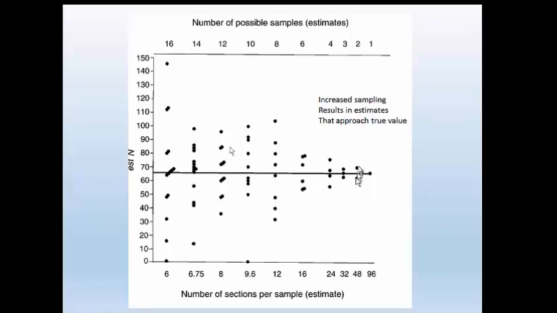However, as we increase the distance between the sections that we may be using, that is to say we start decreasing the number of sections, so in this case we've only used 6 sections as opposed to 96 sections, then we see that the variability that we get out of a sampling scheme with fewer numbers is actually related to the number of sections that are actually being used.